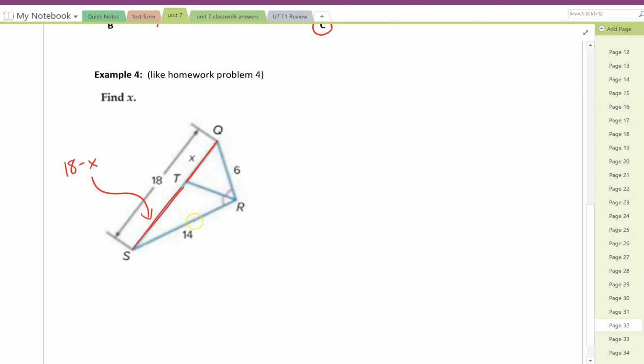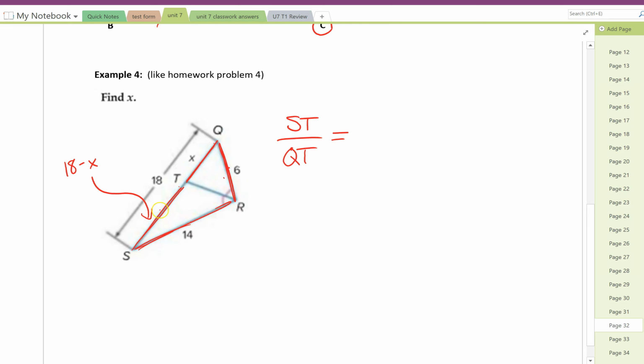And then I have these two other sides. So what I said was when I bisect an angle, I break that line that it intersects into two proportional parts. So ST is one of those parts, QT is the other part. The ratio between those two new segments I've created is the same as the ratio between these other two sides, SR and QR.